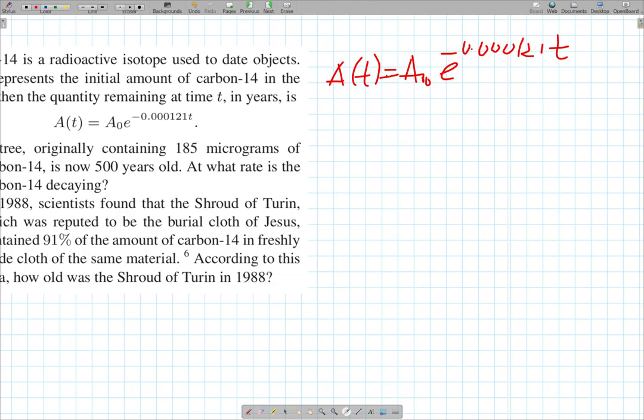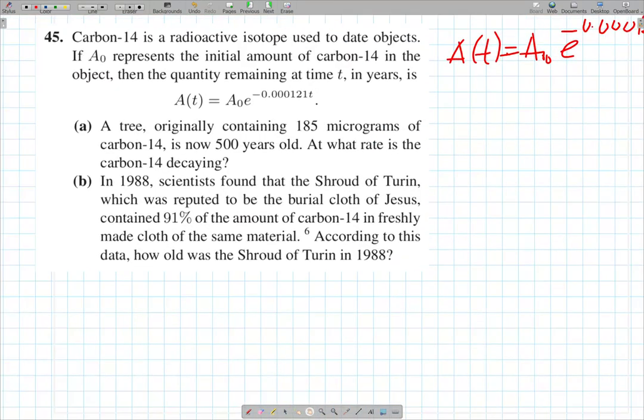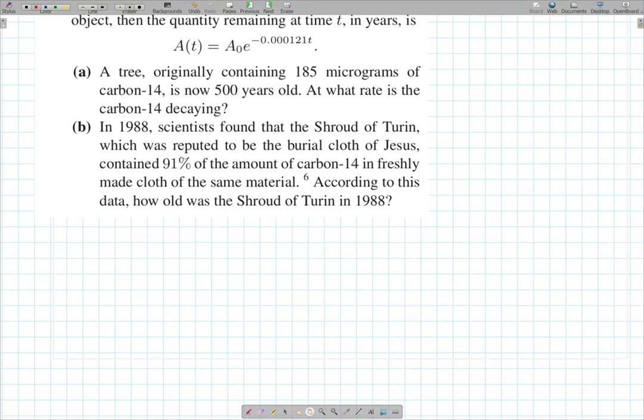Okay? So, ano ba ang sa letter A? Letter A, at 3 originally, meaning initial, no? A tree originally containing 185 micrograms of carbon 14 is now 500 years old. At what rate is the carbon 14 decaying?